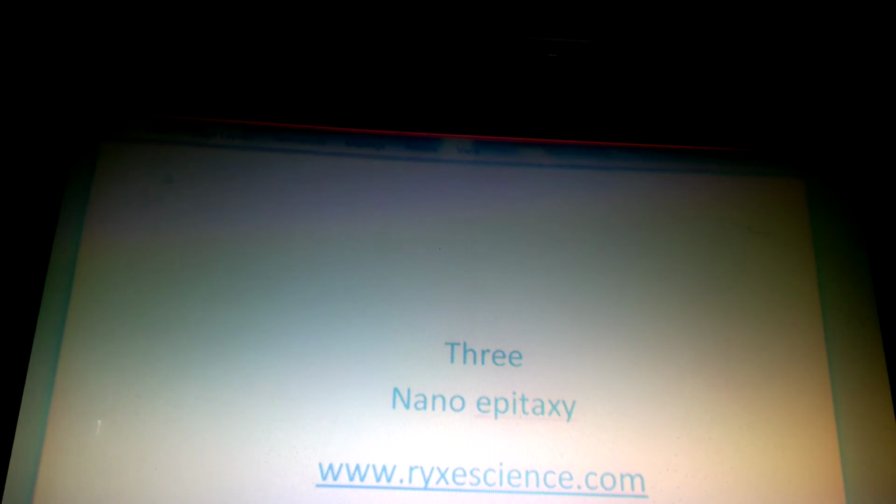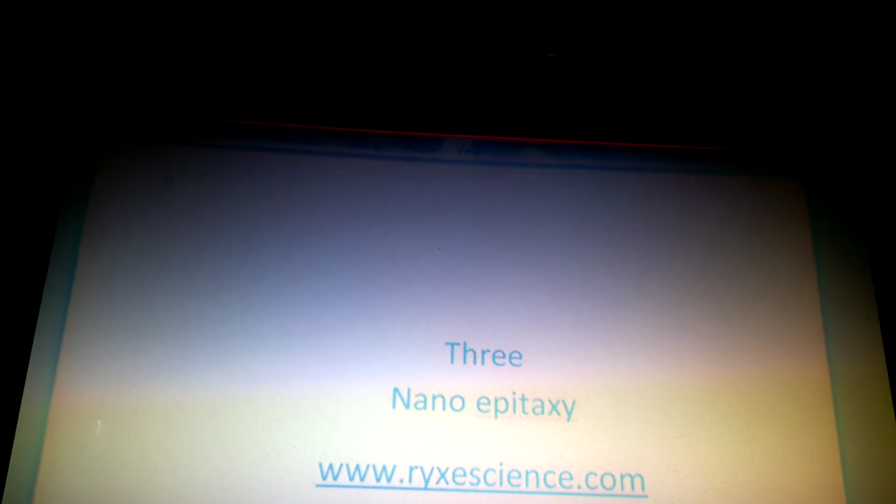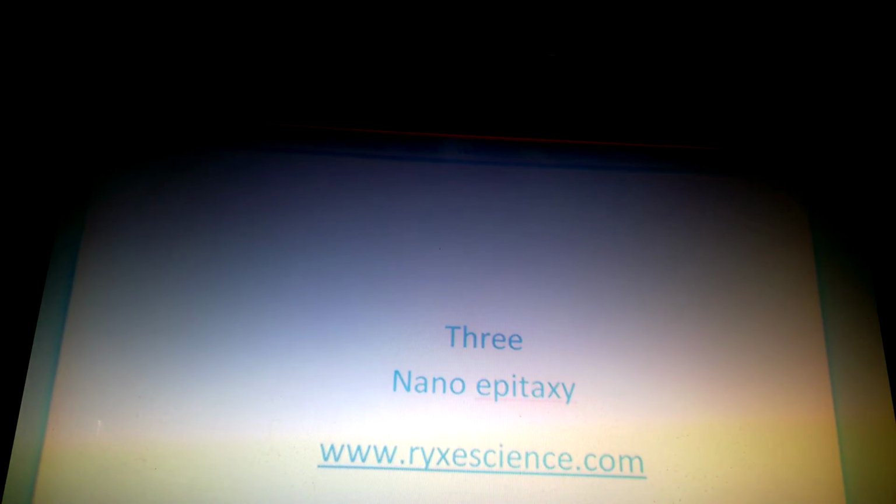Epitaxy, a lot of people know what that is, right? The crystal grows on some seeds, then it extends to larger. But nano, why do we call it nano epitaxy? It's really associated with the process.